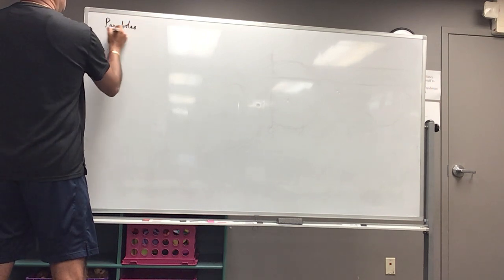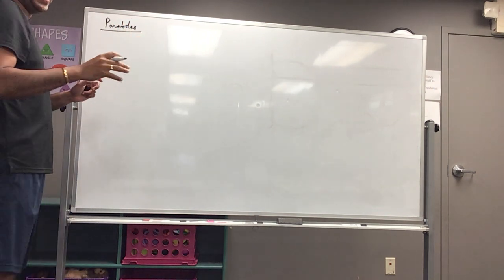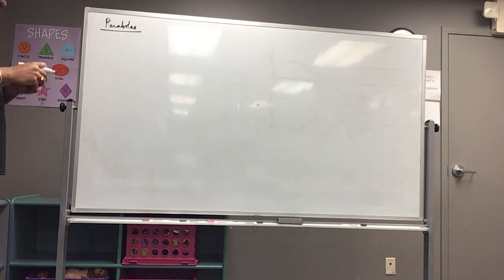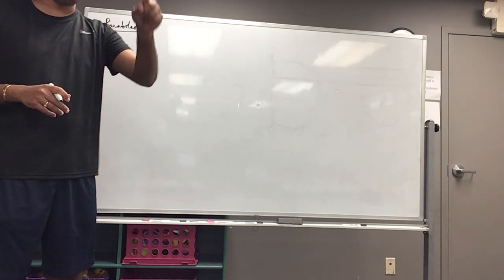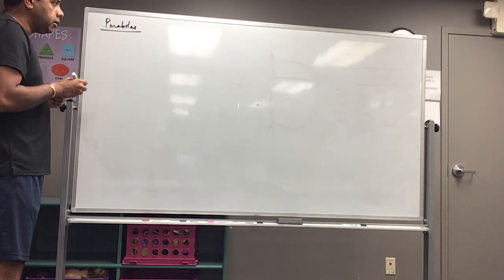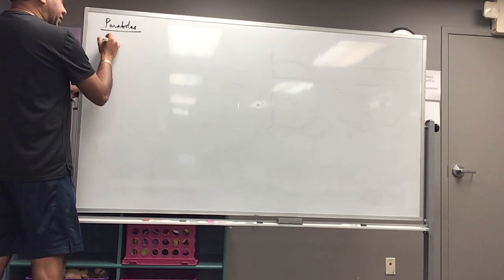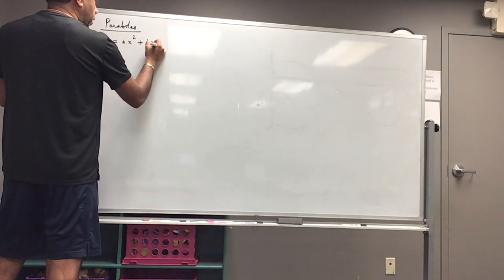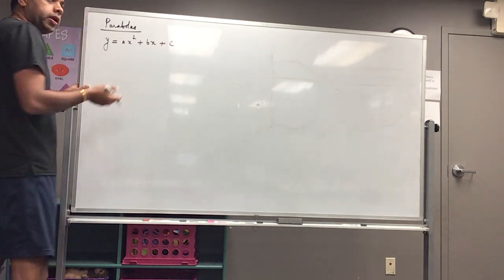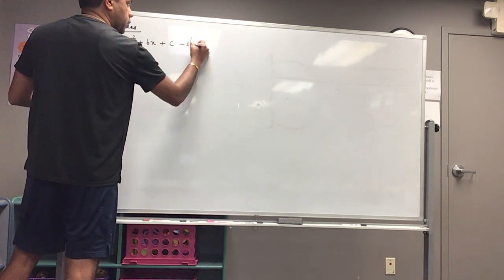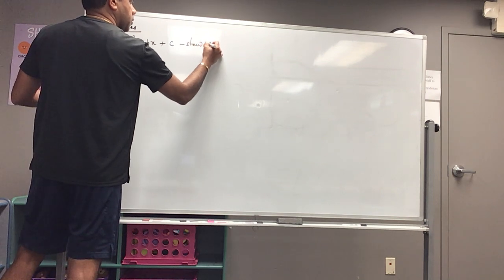Parabolas. All right. I don't want you guys to write anything. I just want you to listen to this. So when we talk about parabola, it's a U-shaped graph, right? You know that. And I can write the same equation in 2 different formats. This one we all know is a quadratic equation, very famous. Everybody knows this. This is called the standard form.